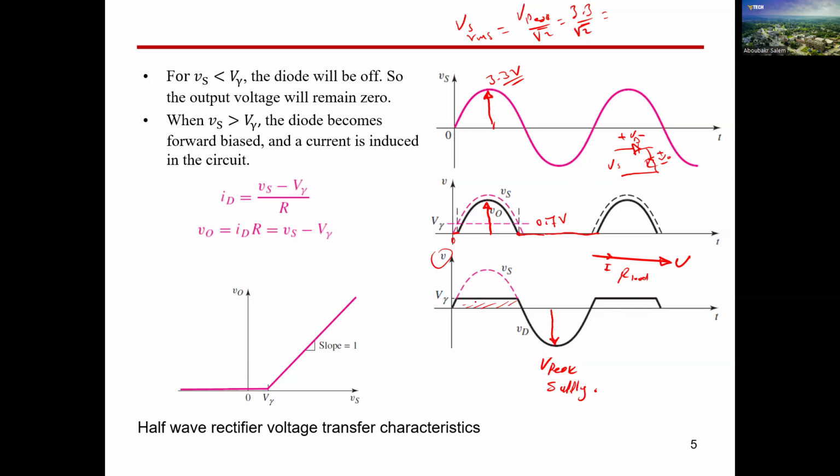And during turn on, the volt across the diode itself is going to be V gamma. Now, guys, I gave you an example of 3.3. Can you imagine if you have a supply volt of 120 volts and the turn on volt or V gamma equals 0.7? In this case, the peak value of the output volt here would be 120 minus 0.7.